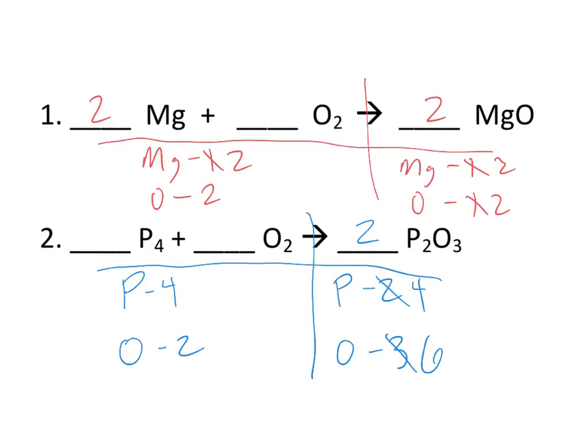In order to fix that, I have to put a 3 in front of the oxygen on the left side. Then I now have 6 oxygen on the left, equaling the 6 on the right. Now this equation is balanced. Technically, if you wanted to, you could put a 1 in front of the P4 because we only have one of those, but leaving it blank is also a sufficient answer.